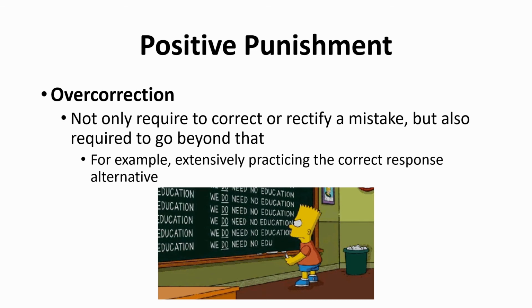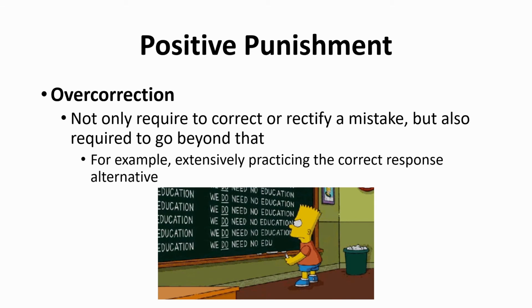There's also a subset of overcorrection where instead of just doing a behavior that corrects or rectifies the mistake that came from that problem behavior, they could just have to do something effortful that isn't directly related to the bad behavior. So something like writing lines. So you're doing something effortful, so you have to write out the same words over and over again, but the act of writing might not be directly related to the bad behavior that was exhibited.